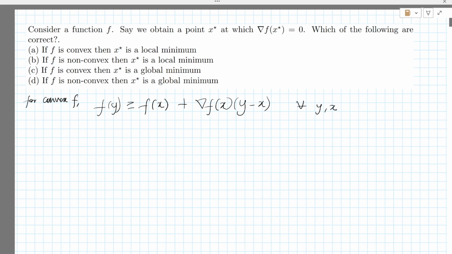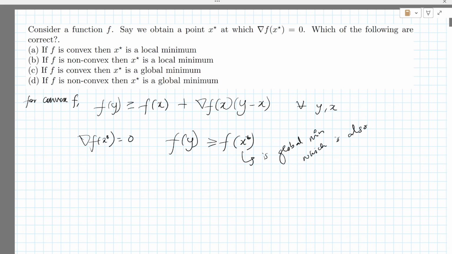So gradient of f at x star equal to 0 means f of y is greater than or equal to f of x star. So x star is a global min, which is also a local min, right? So A is correct.